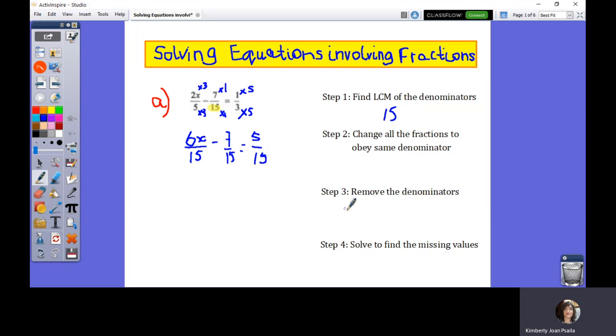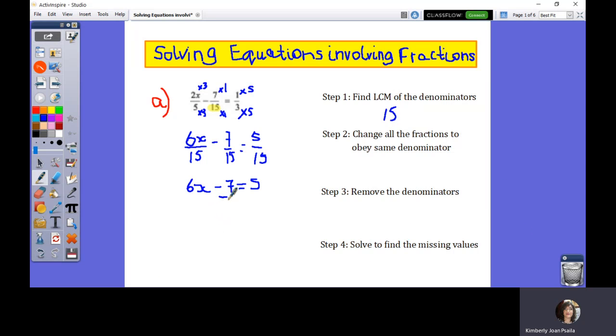Next step, which is step 3, is that we need to remove all the denominators. So 6x plus 7 equals 5. They all have the same denominator, so we remove the denominator so that it becomes an easier equation to solve. And then we have to solve to find the missing value.